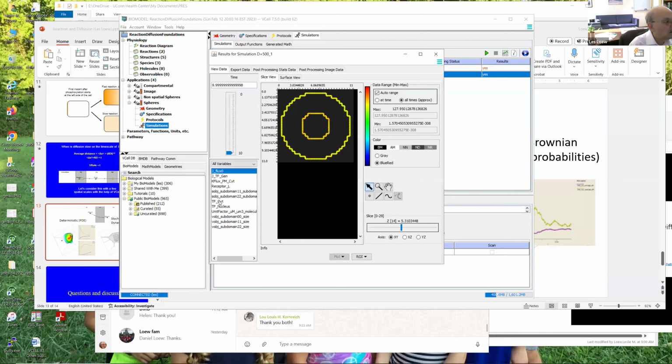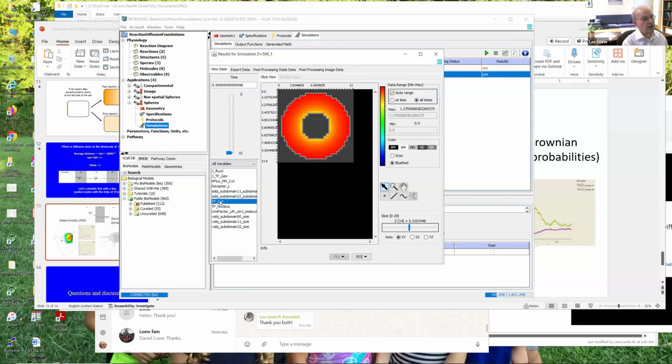Let me go down to the transcription factor. And you can see that the gradient is much smaller. Okay, very little gradient. If I do the kymograph, this will be the last thing I do.